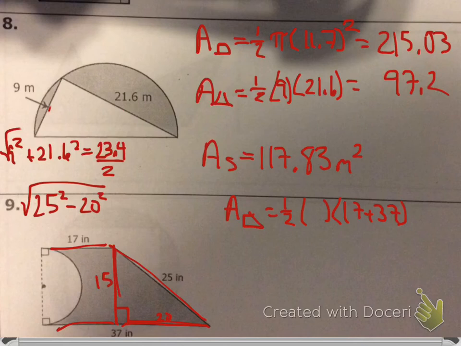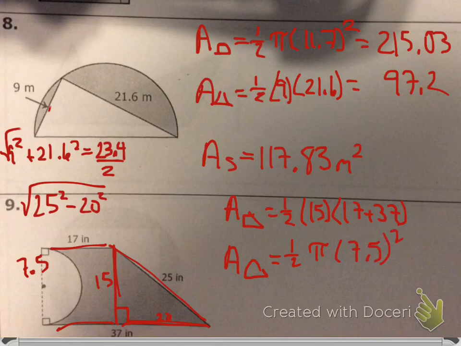If that's 15, that's the height of the trapezoid. Now, if I divide that by 2, then the semicircle radius will be 7.5.